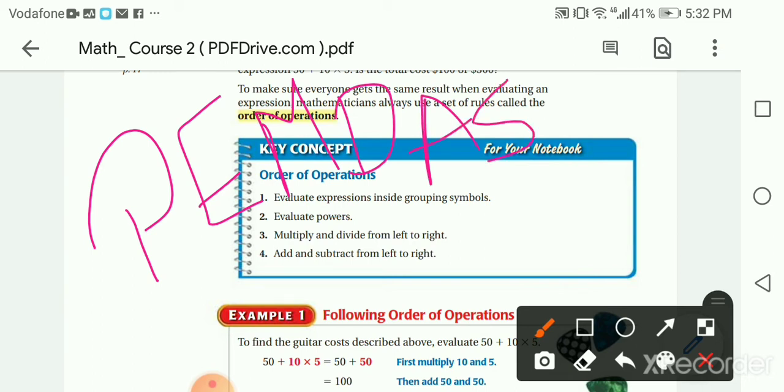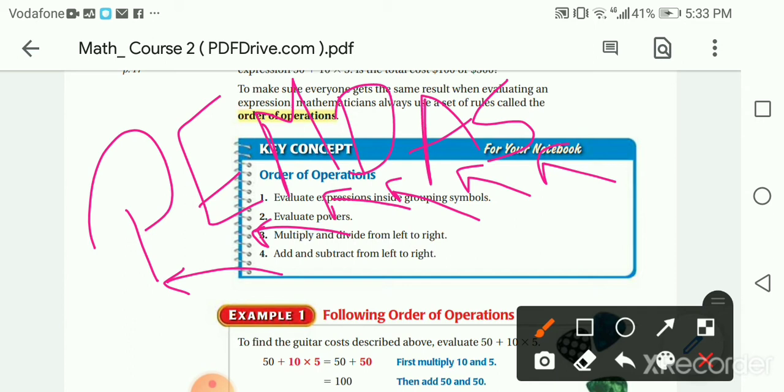It's very easy. P for parentheses, E for exponent, M for multiplication, D for division, A for addition, S for subtraction. So again, write this down in your notebook.